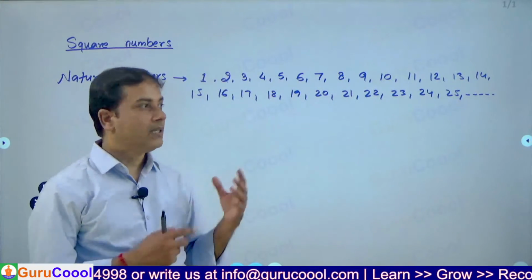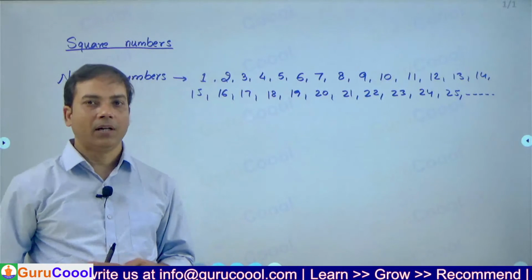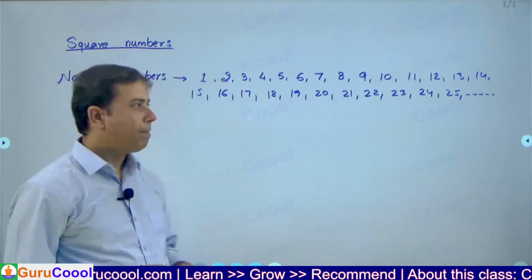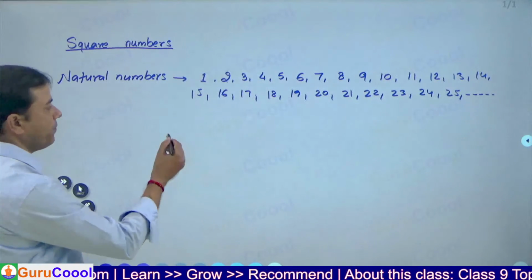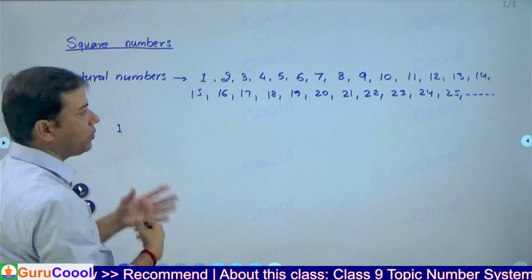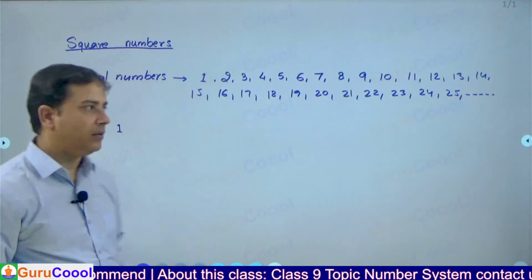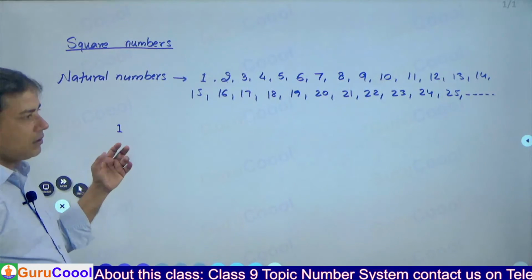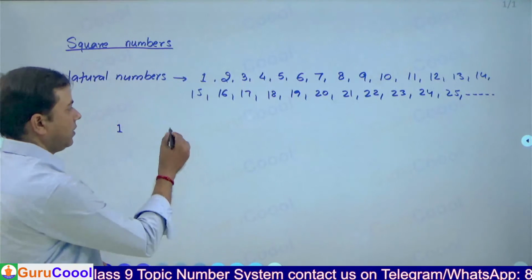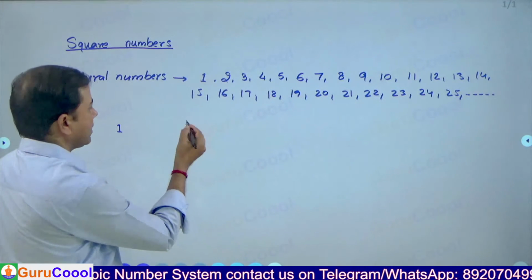You know, these numbers represent some geometric figures as well. Let us see how. In how many ways can you represent 1 geometrically? 1 can be the area of a rectangle, or you can say a square.